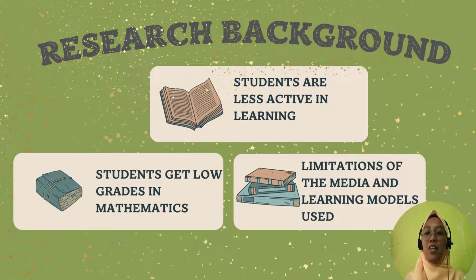Third, limitation of the media and learning models used. Teachers lack variation in delivering learning materials, so students feel bored. They don't use learning media, so students only listen to boring lectures without any real examples. Teachers have not used the right learning method to teach math subject.